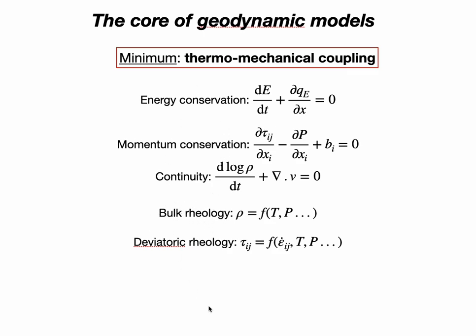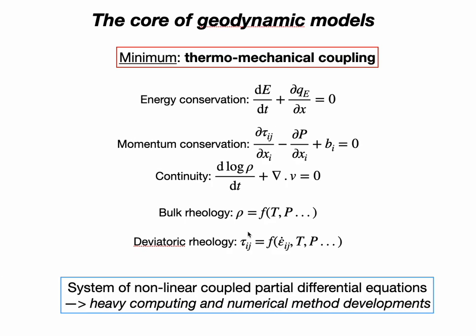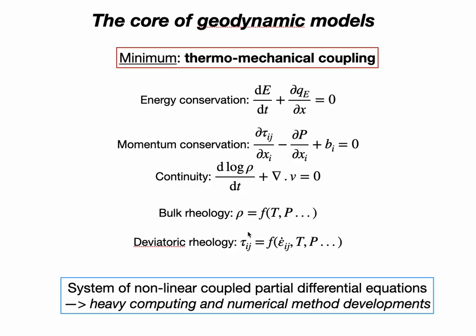All these equations, we will come back to them later in the course, but the point here is mostly to show you that the models can have a high level of complexity. Usually it's not linear, and these are all partial differential equations. So it involves computing and method development.